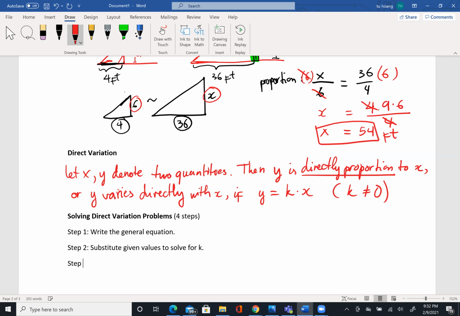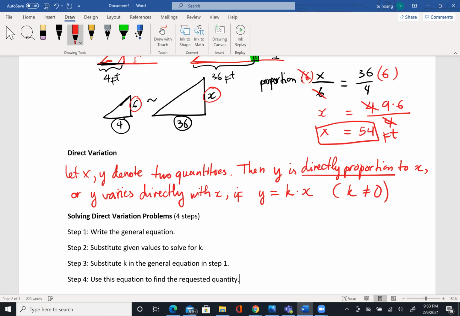And then step 3, substitute k in the general equation in step 1. And the last step, step 4, use this equation to find the requested quantity.